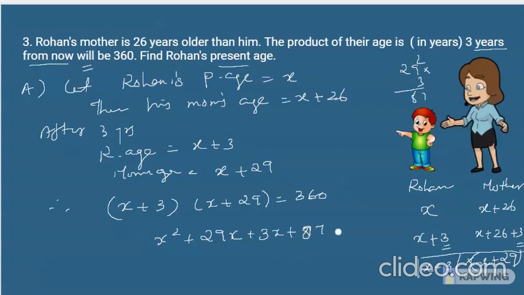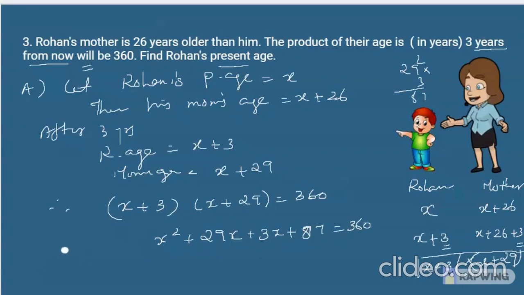Okay. So, this is equal to 360, right? So x square, 29x, 3x, and 3 into 29 is equal to 87, which is equal to 360.